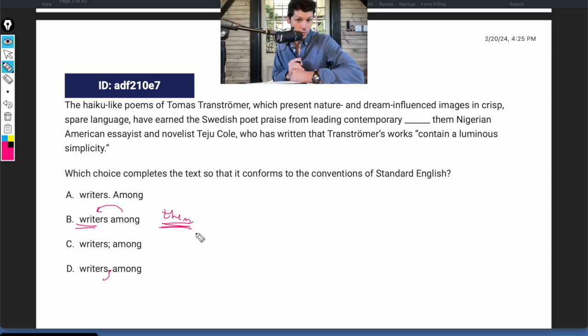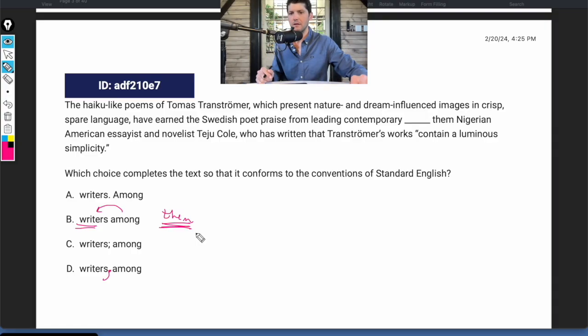Them is a pronoun. It refers back to a previously mentioned group. But we don't have a previously mentioned group. You wouldn't put the pronoun them. You would say, well, what, the writers? Aren't they just writers, Jeremy? Isn't that the pre-mentioned group? Yes, but why would you put the pronoun only one word after you've said the noun?